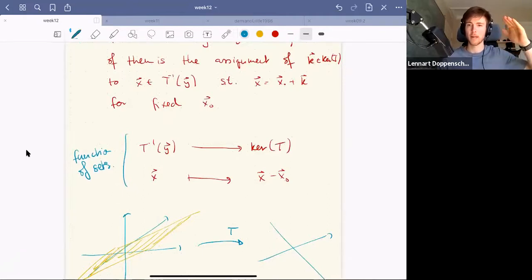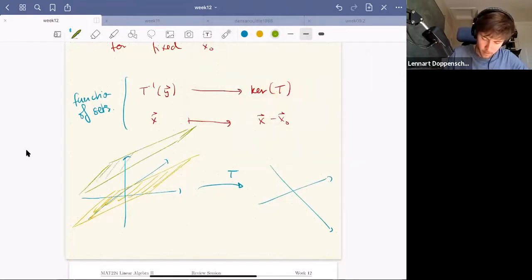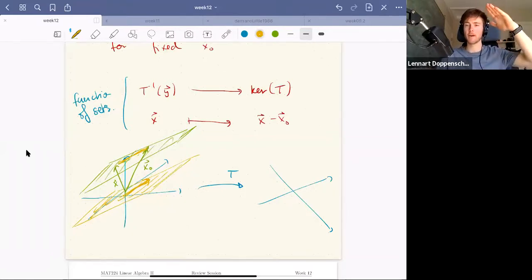It's just a plane that is shifted, that's moved. So you could maybe draw this. So this is the x0. And if you have any other x in here, this difference actually lies in the kernel. So the difference between any two vectors, x and x0, lies in the kernel, meaning that it's a plane parallel to the kernel, to the subspace which is the kernel.